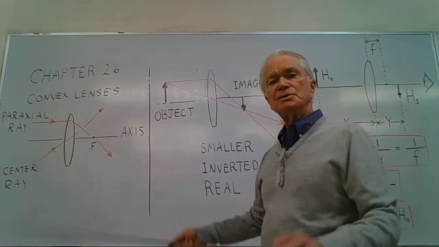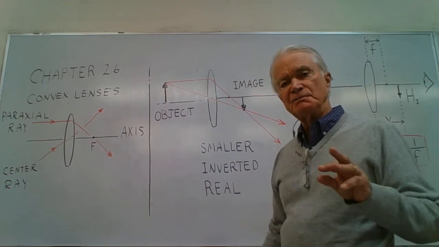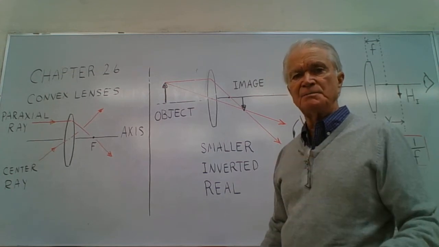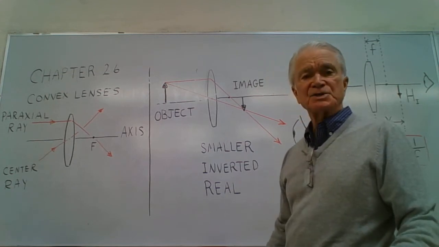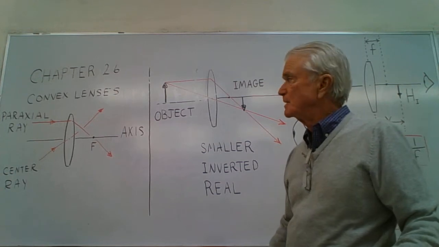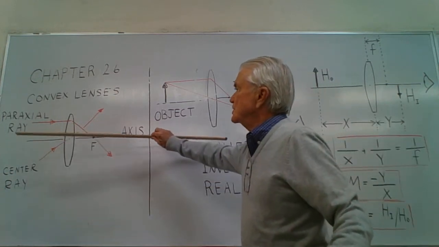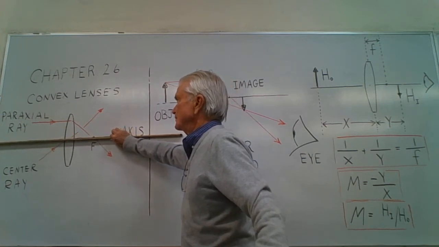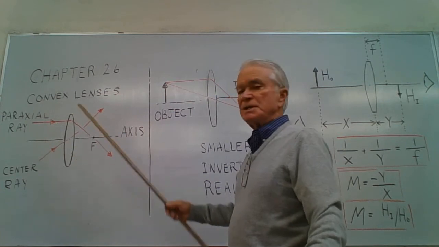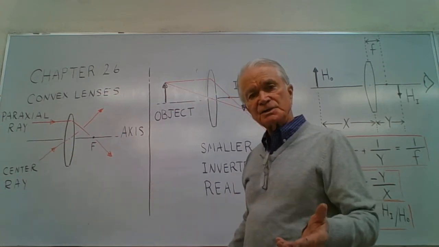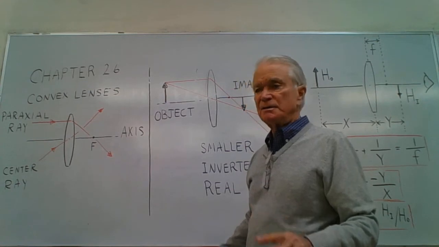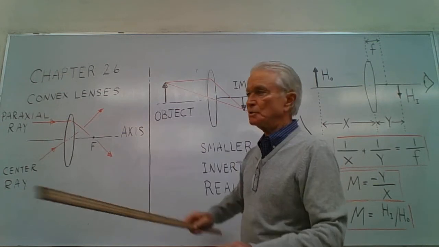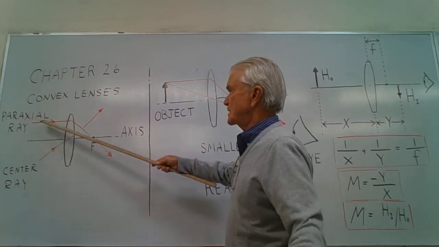I show here two special light ray behaviors, the way these special rays of light behave as they pass through the lens. Shown here is the axis of the lens. It passes through the center. Any ray that is incident on the lens and is parallel to the axis is called a paraxial ray, parallel to the axis.